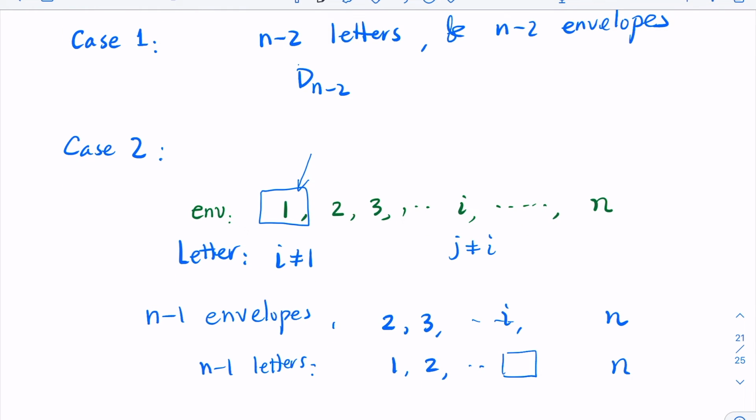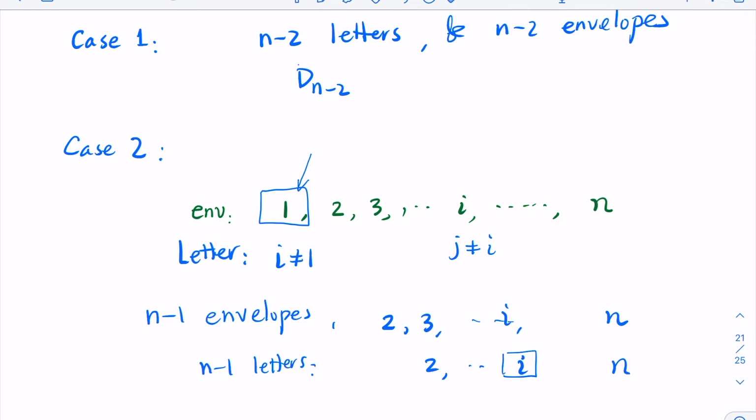Okay, so think about it, right? If you rename this letter 1 into i, and you put it here, this is a problem with n-1 envelopes and n-1 letters, and i, which is letter 1, by the way, of the original problem.